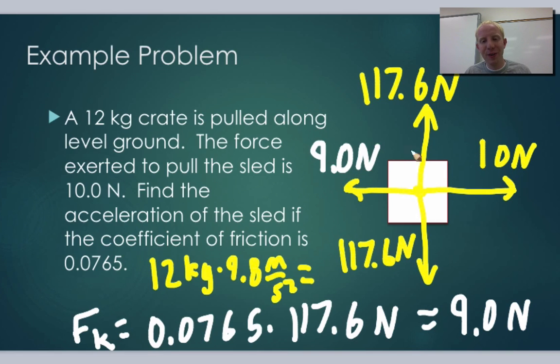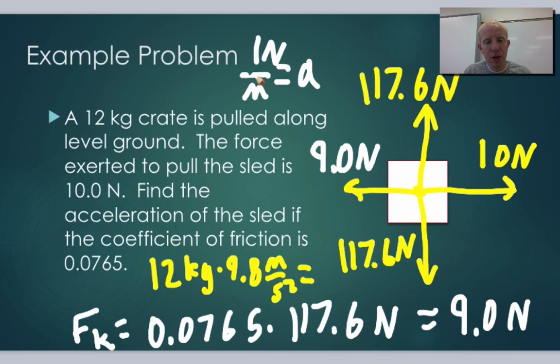So now after we found that, we got all the diagram down. Now we're trying to find the acceleration. So we're going to have to plug it into F equals ma, or more specifically, F over m equals a. Force over mass gives us the acceleration. Well, we know the mass is 12 kilograms. We know the net force is actually 1 newton to the right, because it's 10 newtons minus 9 newtons, which gives us 1 newton. So we can replace F with 1 newton.